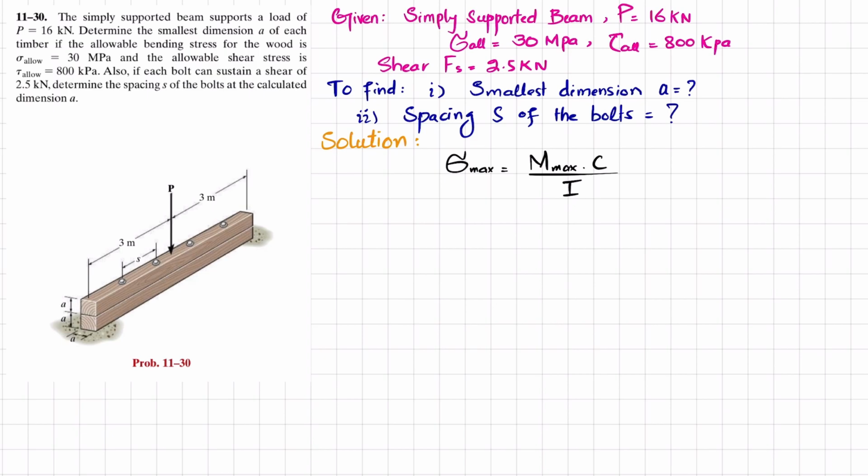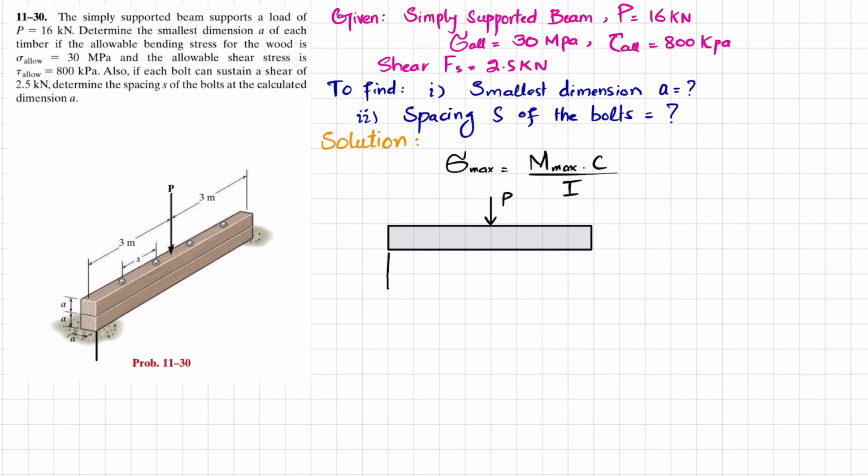So what we will do is draw the free body diagram of this beam. If this is the beam, clear, and there is a point load at the mid which is represented as P, clear. So definitely here there will be reaction forces.